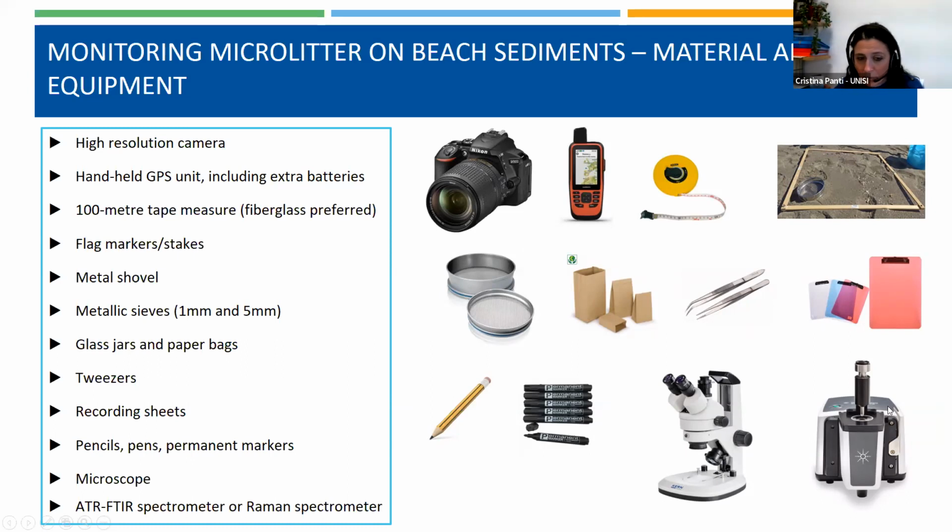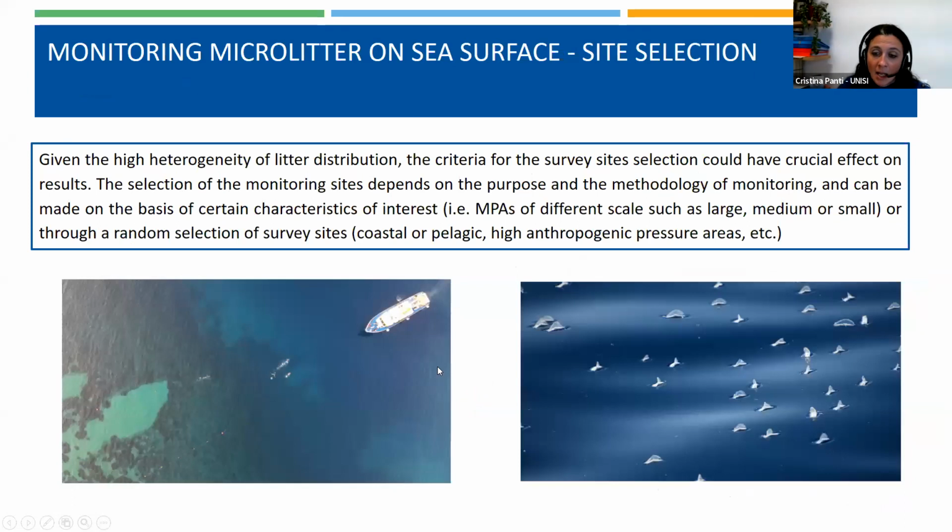Then the stereo microscope, and in this last slide, as an example, I just put an example of an FTIR, but there is a wide array of instruments. So I hope this is clear.